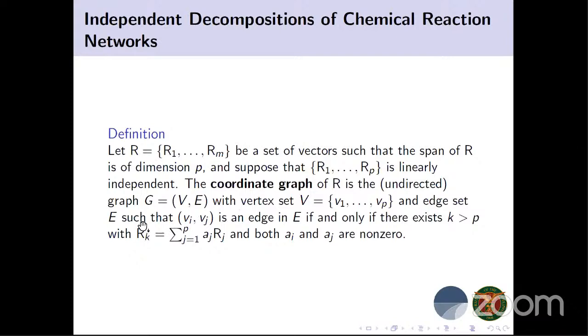And for the edge set E, we have the following: Vi and Vj give you an edge in E if and only if there exists K greater than P with Rk equal to a linear combination of the Ri's in this linearly independent set, such that both ai and aj are non-zero, which correspond to Vi and Vj. So that would be the definition for the coordinate graph.